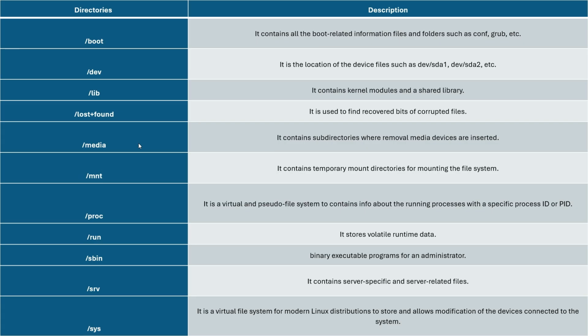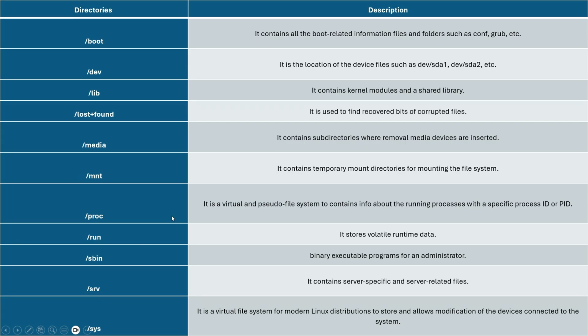Those removable media devices are inserted under slash media. Slash mnt is a mounting directory. It is a temporary mount directory where the system administrator can mount a file system. It will be used by the system administrator to mount file systems using slash mnt.